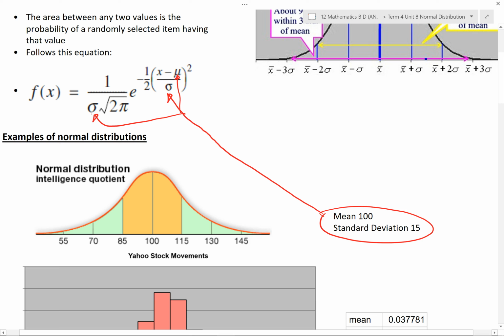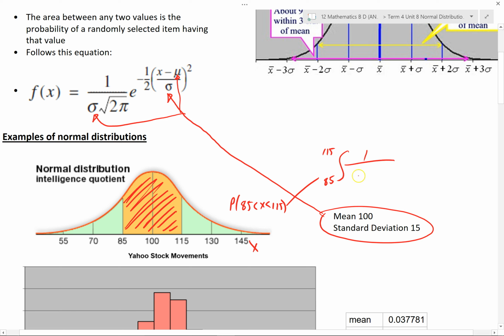And then if I wanted to find, say, the probability of someone having an IQ between 85 and 115, it means I'm trying to find this shaded area, which means I'd find the integral between 85 and 115 of this big function.